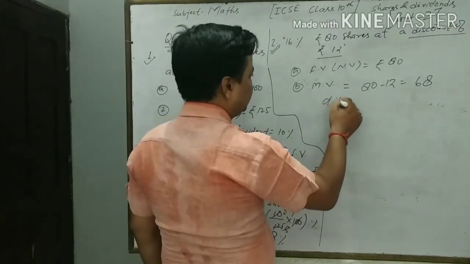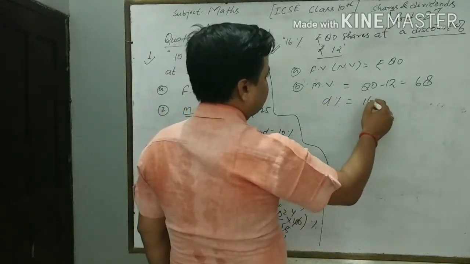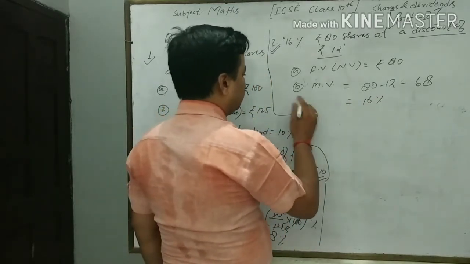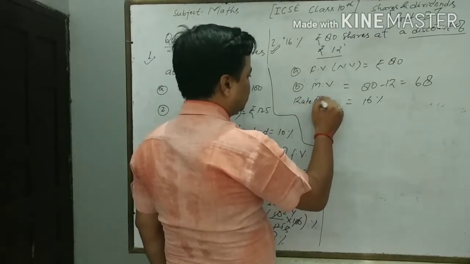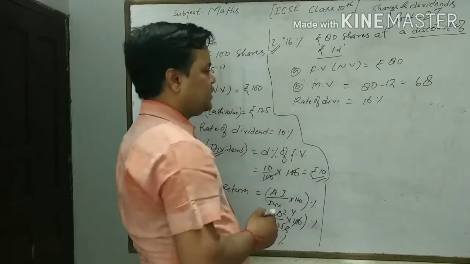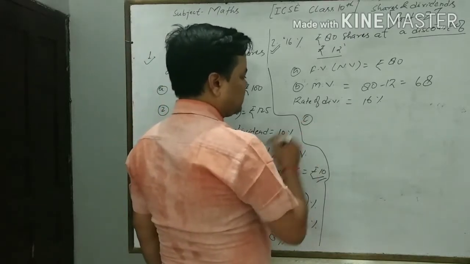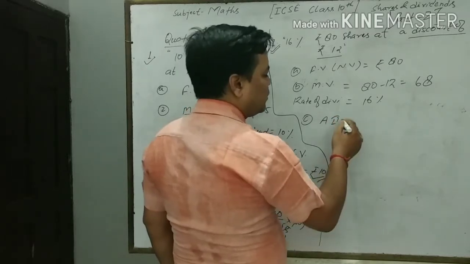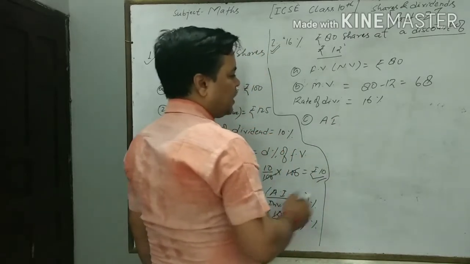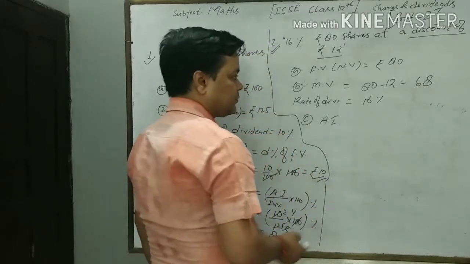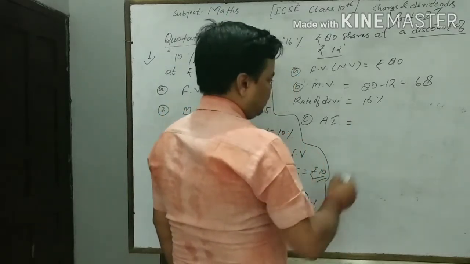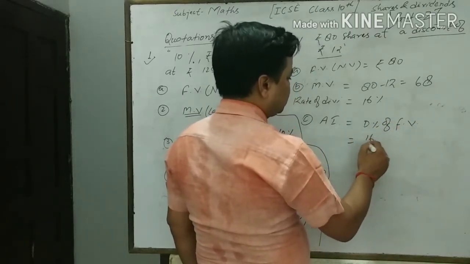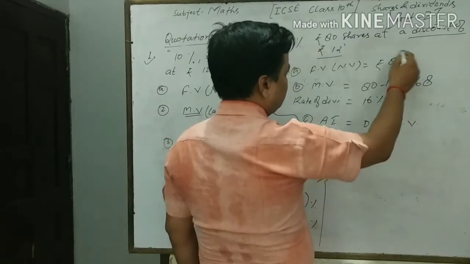Here again, the rate of dividend, the dividend percent, is 16%. Now let's see what the annual income is. Annual income is the amount of dividend, or simply dividend or profit. That is again dividend percent of face value. The dividend percent is 16 by 100, and the face value is 80 rupees.